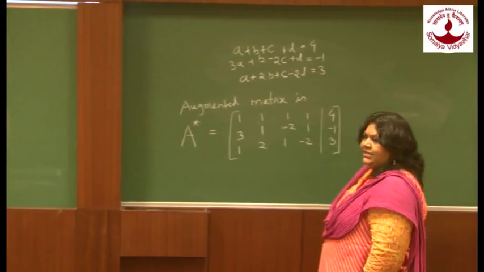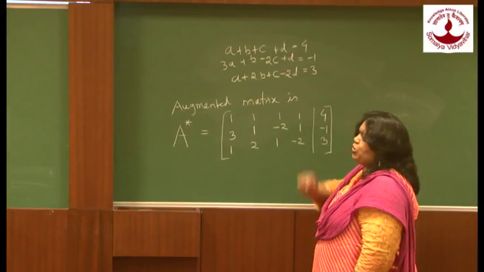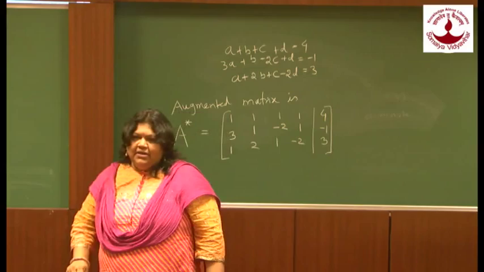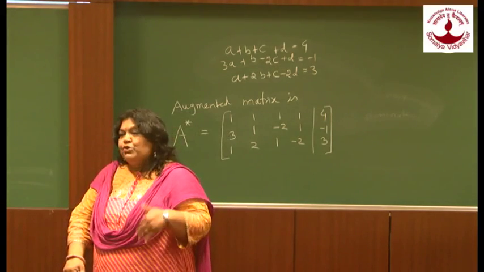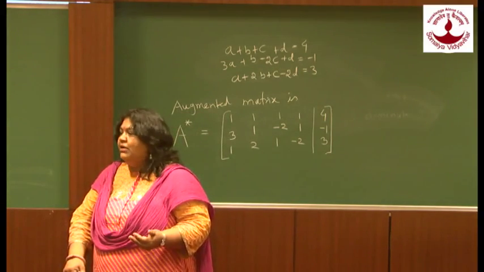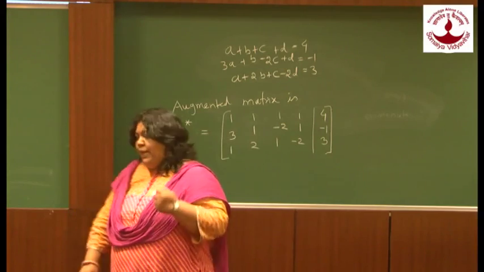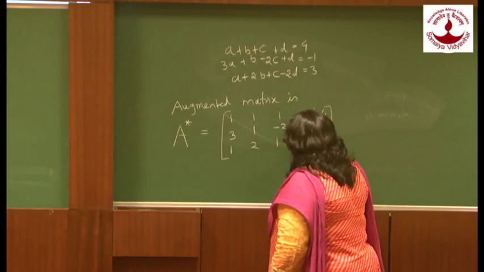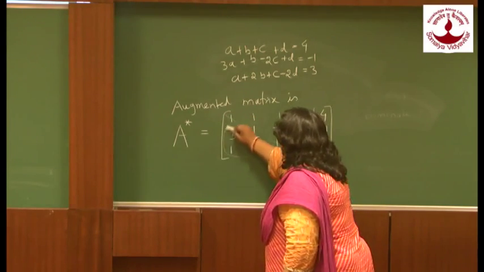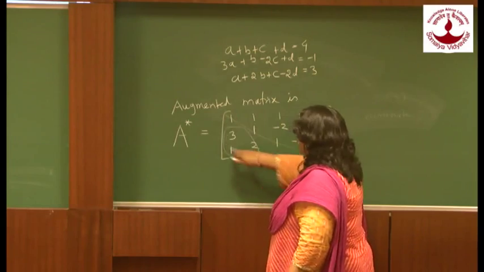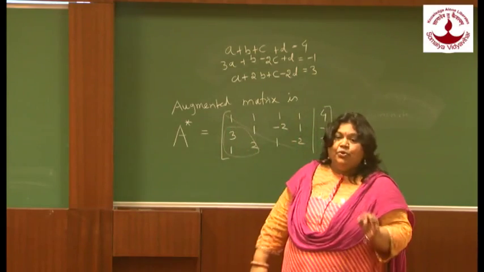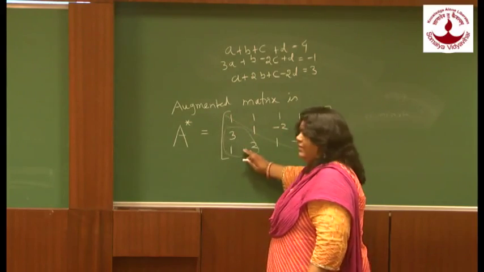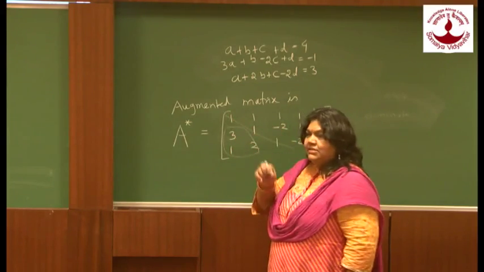Fine. So now let us try to solve using those operations. Those three row operations you have, but how should you use them so that the solution is quickly found? Well, the key is we try to make the entries below the diagonal, this triangle part, as 0.